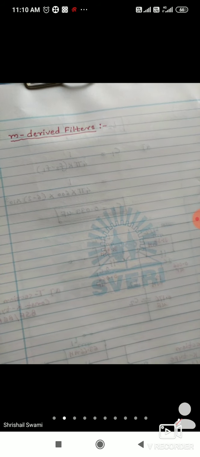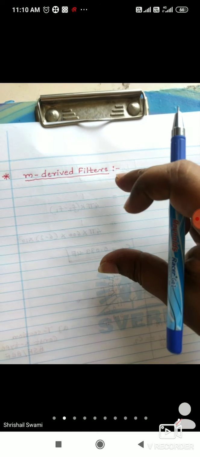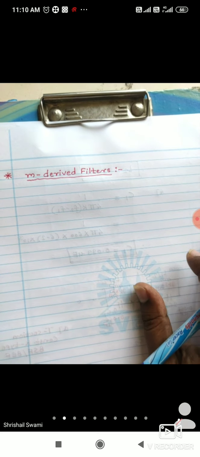One is the M derived low pass filter, and second one M derived high pass filter. And we are going to solve the problems also based on M derived low pass filter and M derived high pass filter. So we can start with the definition of what do we mean by M derived filters and why it is needed. So both combinedly I will write under the introduction part.